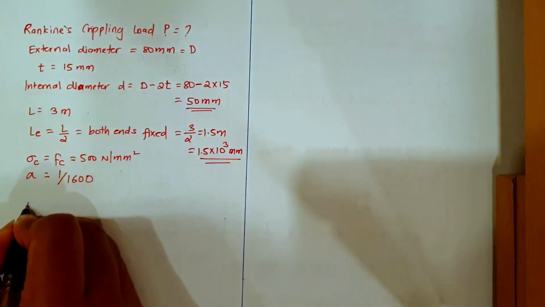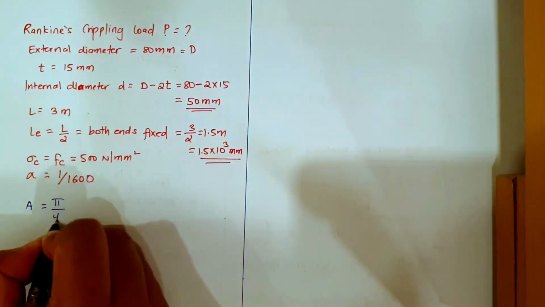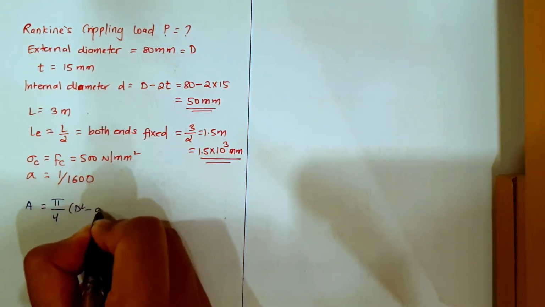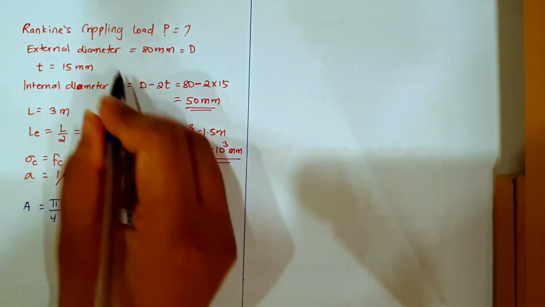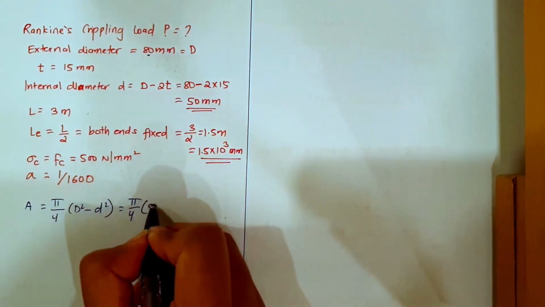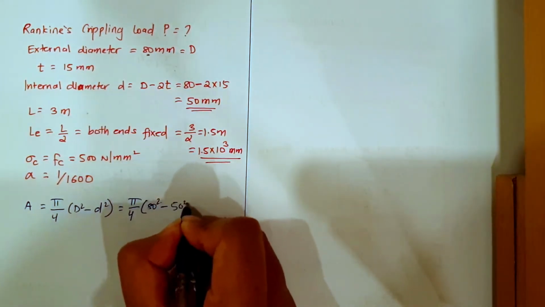Okay, so area A will be equal to pi by 4 into D square minus small d square. So this will be equal to pi by 4 into capital D is equals to 80 minus small d is equals to 50 square.